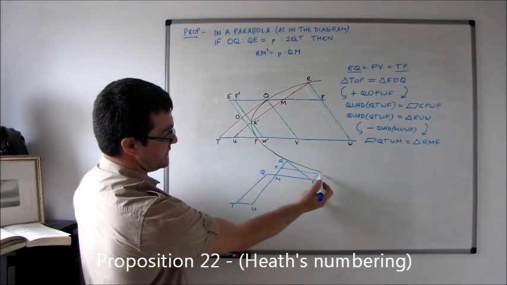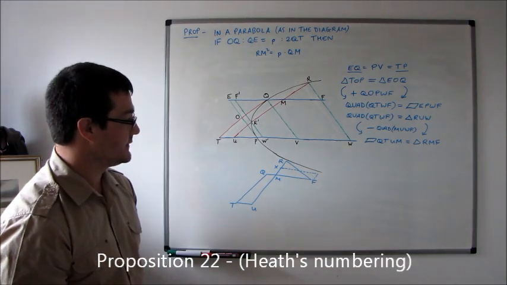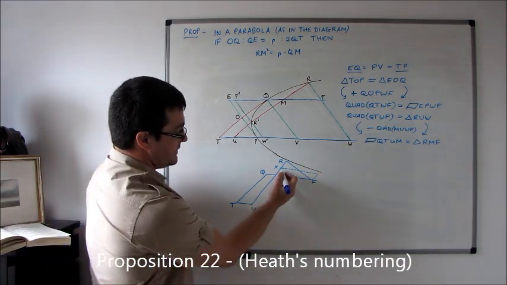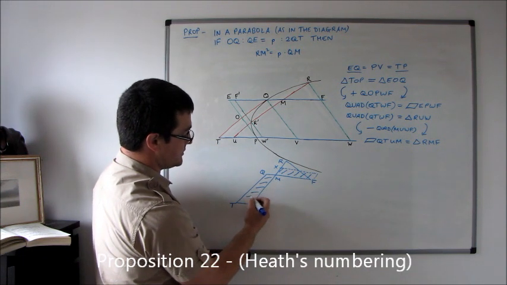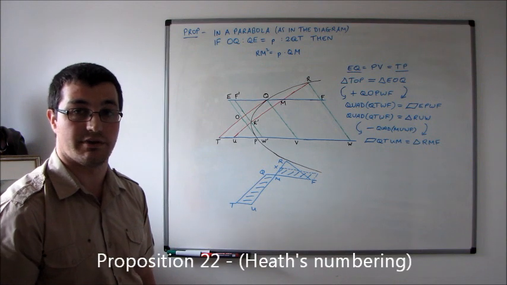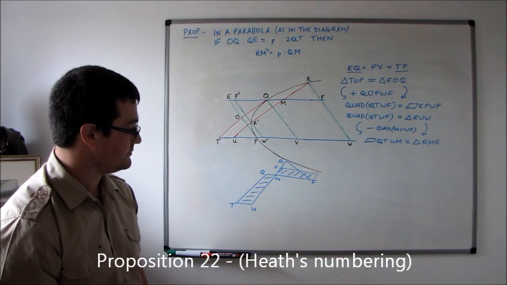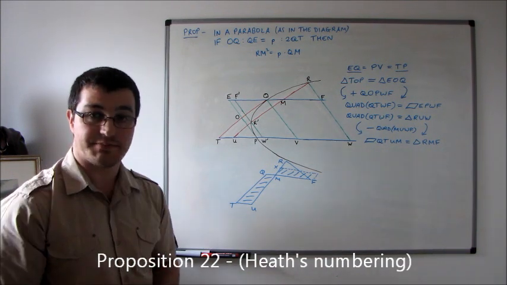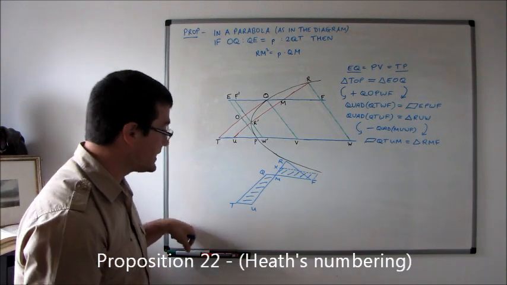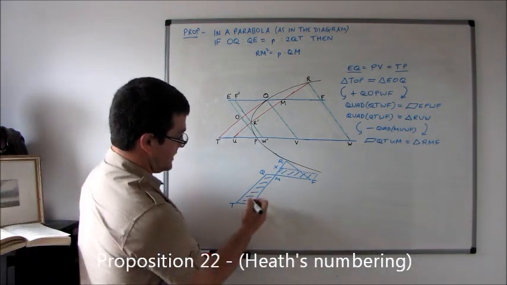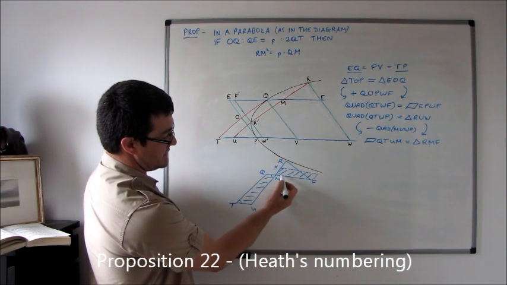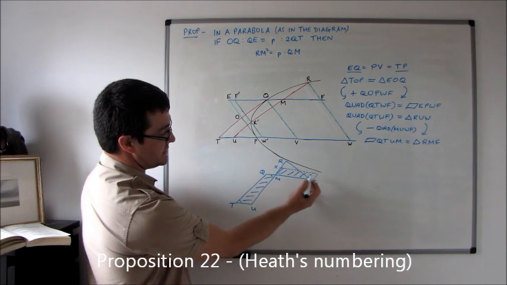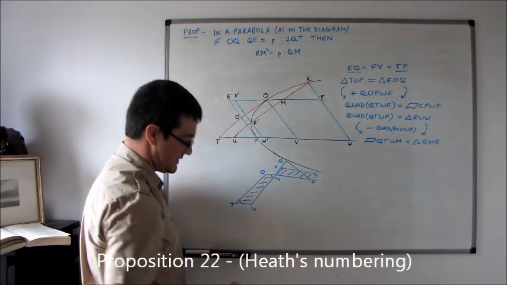I'm not bothered what this point is really over here. And moreover, the area of this parallelogram now is equal to the area of this parallelogram here. And also these parallelograms are equiangular. Opposite angles in a parallelogram are equal, and this angle has to be equal to this angle here, so that angle has to be equal to this angle.